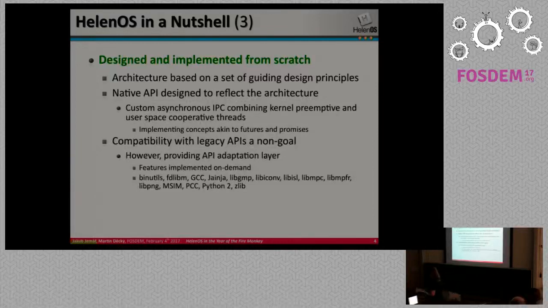So our native API tries to reflect our ideas of how a modern operating system should be designed. We don't have a goal of implementing legacy APIs because we really believe that there is no better Linux than Linux. There is no better Windows than Windows. We don't want to be a better Linux than Linux. We want to be the best microkernel operating system.